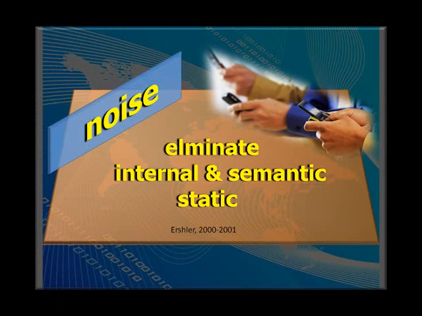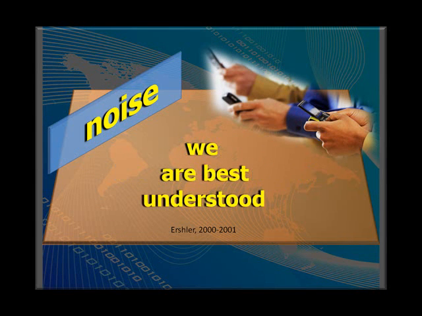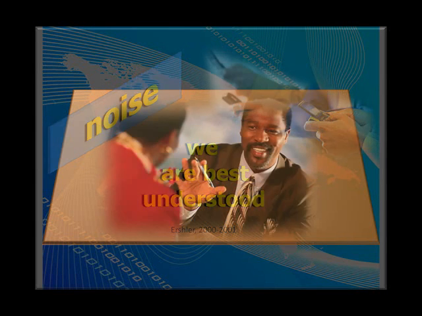As noted communications scholar Jeff Ersler says, when we eliminate the internal or semantic static in communication, we are best understood. Clearly, this advice applies to our personal interactions as well as our professional ones. Effective interactive conveyance attempts to eliminate the noise that can spoil it.